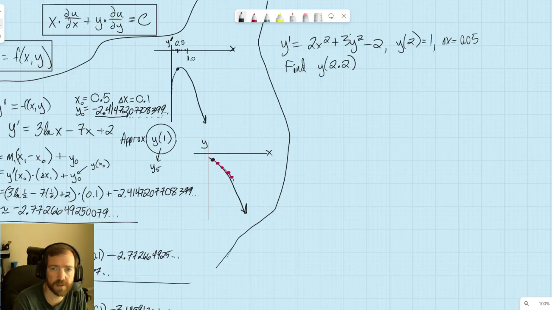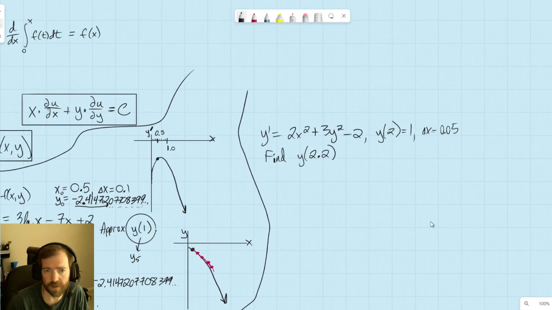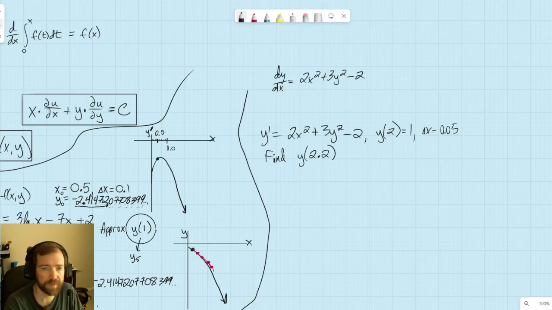Now, because this differential equation is not separable, and you might be saying, well, it looks separable, you just take the y's and move them over. That's great, but the problem is that when you return this to the style of differential equation, which is, again, dy dx is equal to this function, your first step would be to multiply by dx on both sides.